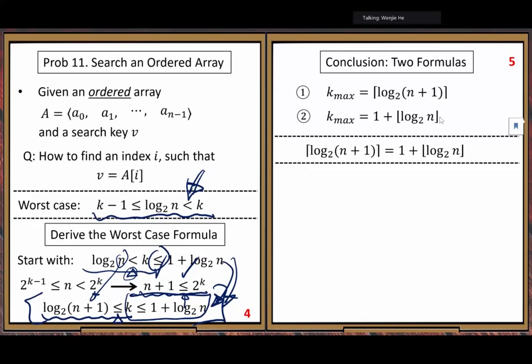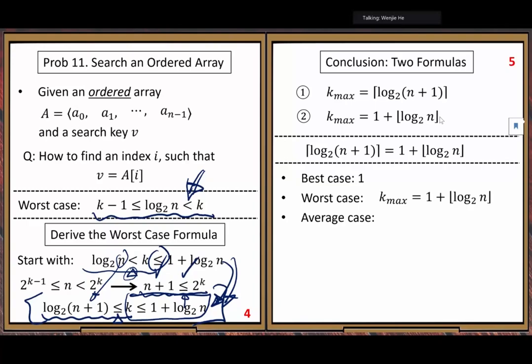So the last thing here: the best case is 1, and the worst case is this k sub max. So we have the best case and the worst case. Then the next question is how to calculate the average case.